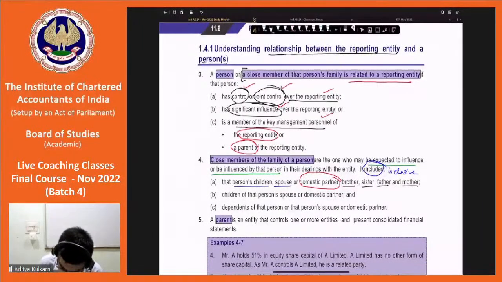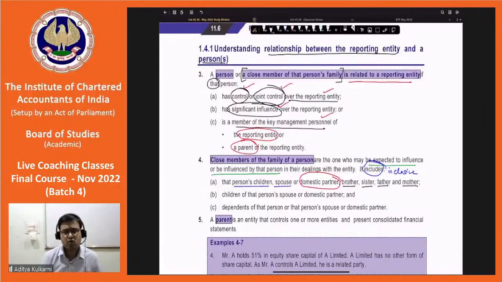A person or a close member of that person's family is related to a reporting entity if that person, a person, Mukesh Ambani, or a close member of his family, Neeta Ambani, his children, his father, mother, they are related if that person means if Mukesh Ambani has control, joint control or significant influence or is a member of the KMP of the reporting entity or a parent of the reporting entity.